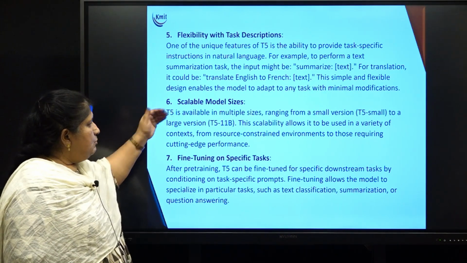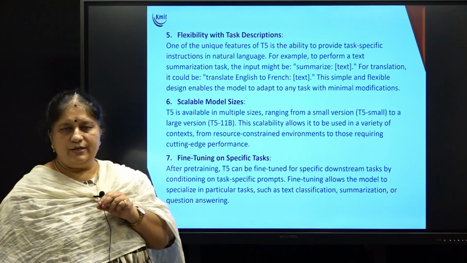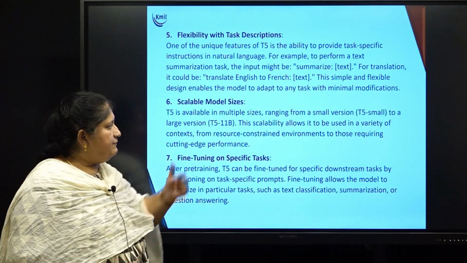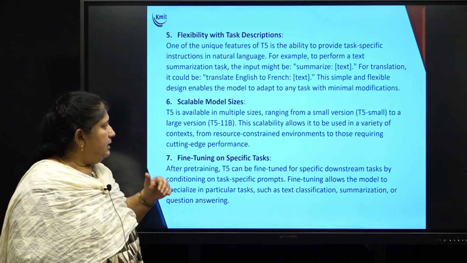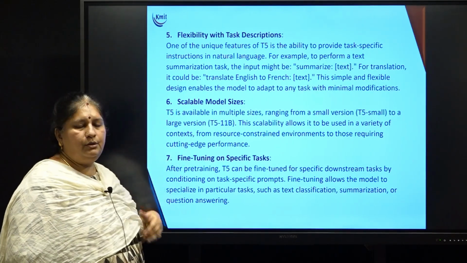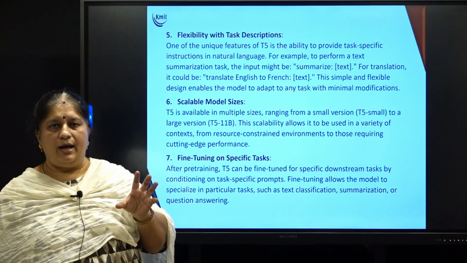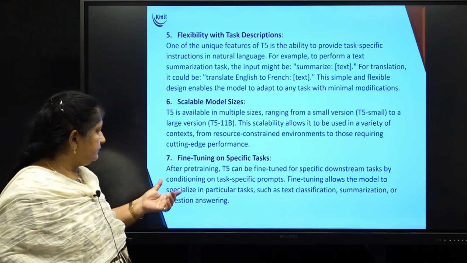Scalable model sizes. It can work from a small model version to a larger version, right? We call them T5 small or T5 11B. Because of this scalability, you can work with any kind of model, even where you have resource constrained options, right?